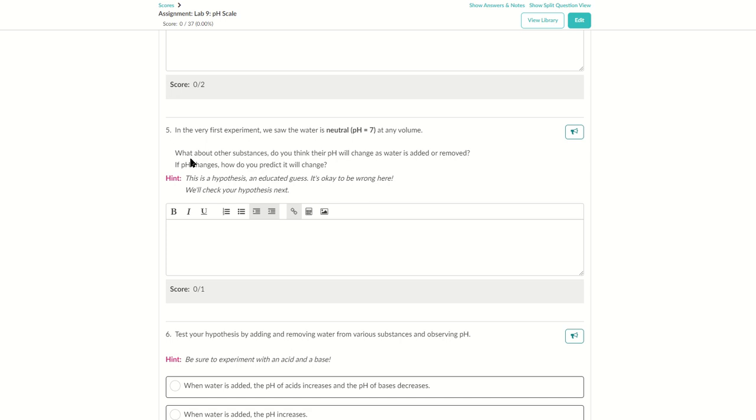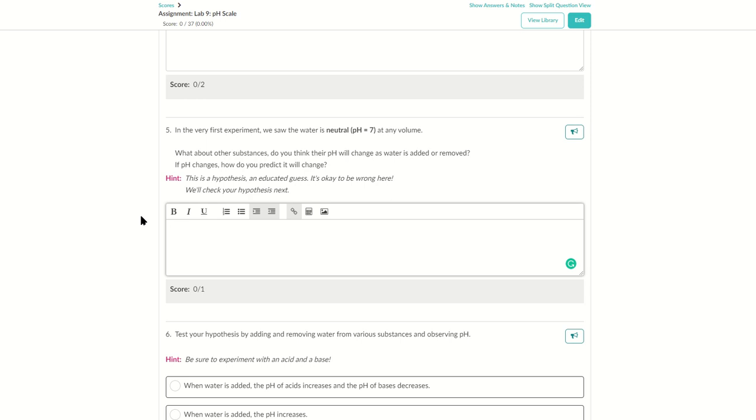And then once again, you're making another hypothesis, so it's okay to be wrong here, about what you think about other substances, if you think their pH will change if you add water or remove water. Just make an educated guess. It's completely okay. It's all about just thinking through this and actually doing an experiment to see whether your hypothesis is supported by the data or it isn't.